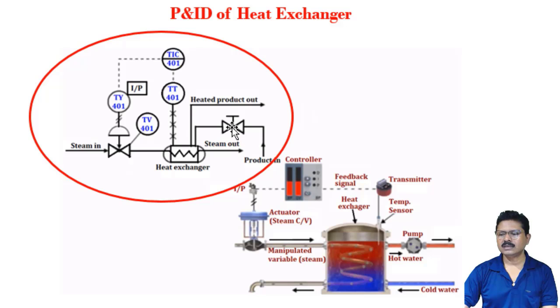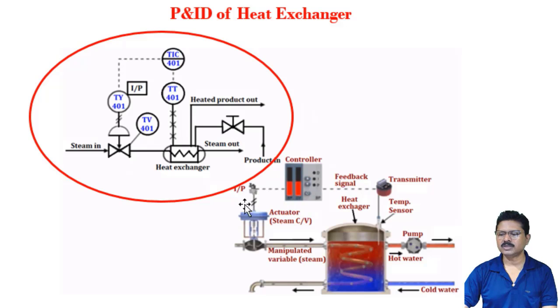When the engineer ultimately implements this in the process, it will look like this. Say this is the heat exchanger system. This is the temperature transmitter, maybe a thermocouple or RTD. This temperature transmitter signal goes to the controller. The controller gives the signal to the I2P converter.